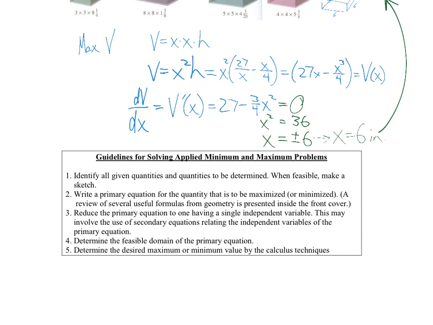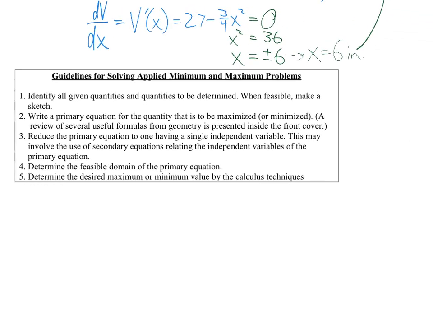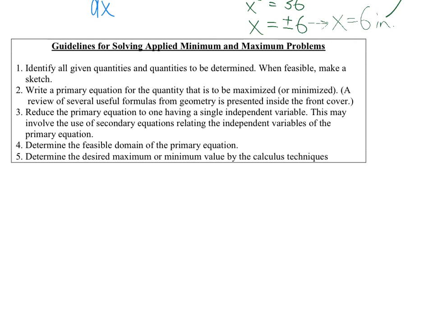So there's where we solved for h using our other parameter, the surface area. Then make sure you pay attention to the domain. Here they call it the feasible domain, logical domain, realistic domain, situational domain, whatever it is, you got to consider what's possible. And then find the max or min value using your calculus. Does that make sense?